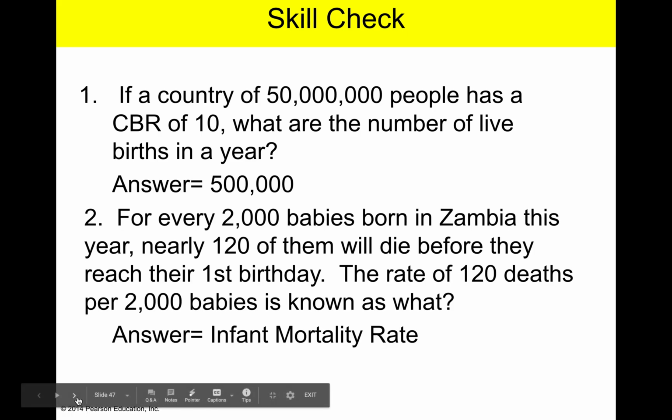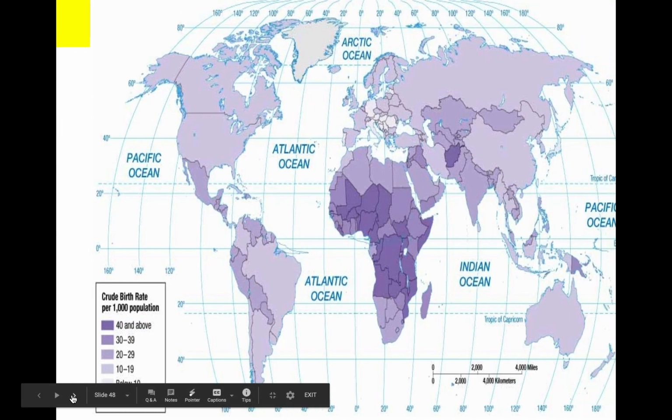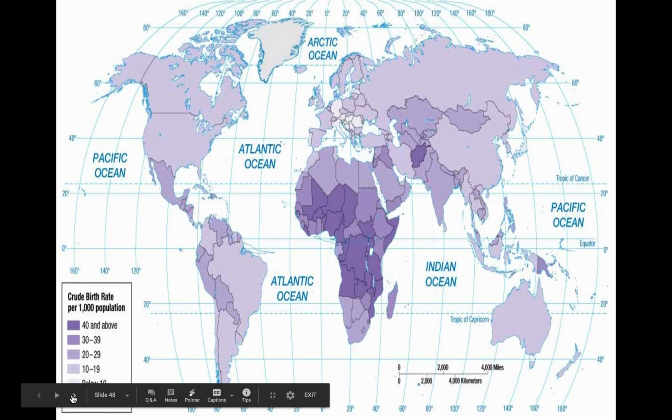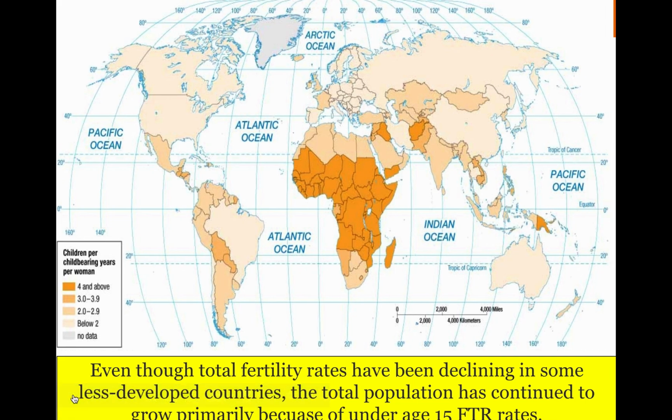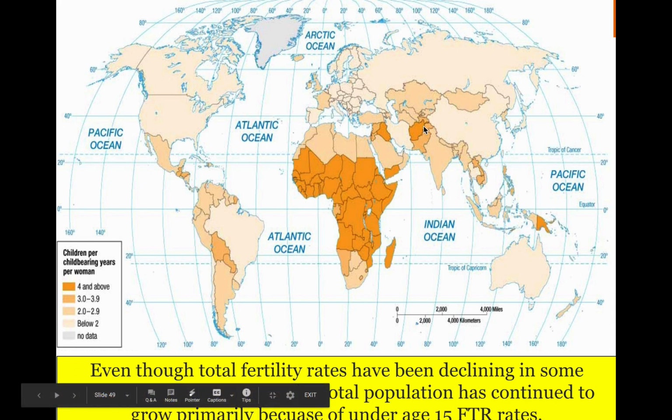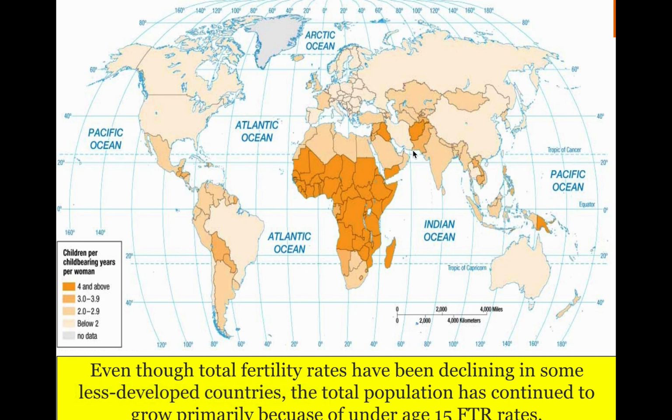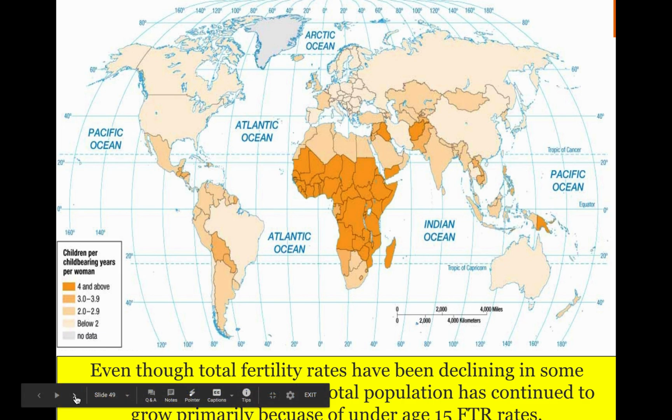All right, crude birth rate is highest in sub-Saharan Africa. Childbearing years, when young girls have children, are highest in sub-Saharan Africa and in parts of South Asia, parts of Southeast Asia, parts of Southwest Asia, and parts of South America.